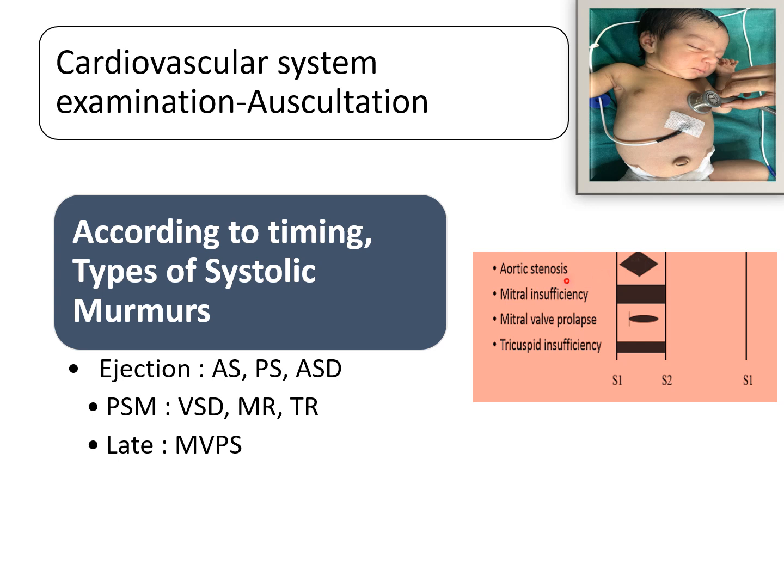Here you can see the pan-systolic murmur in tricuspid regurgitation and mitral regurgitation. Late systolic murmur is seen in mitral valve prolapse, and here in the image you can see the late systolic murmur.